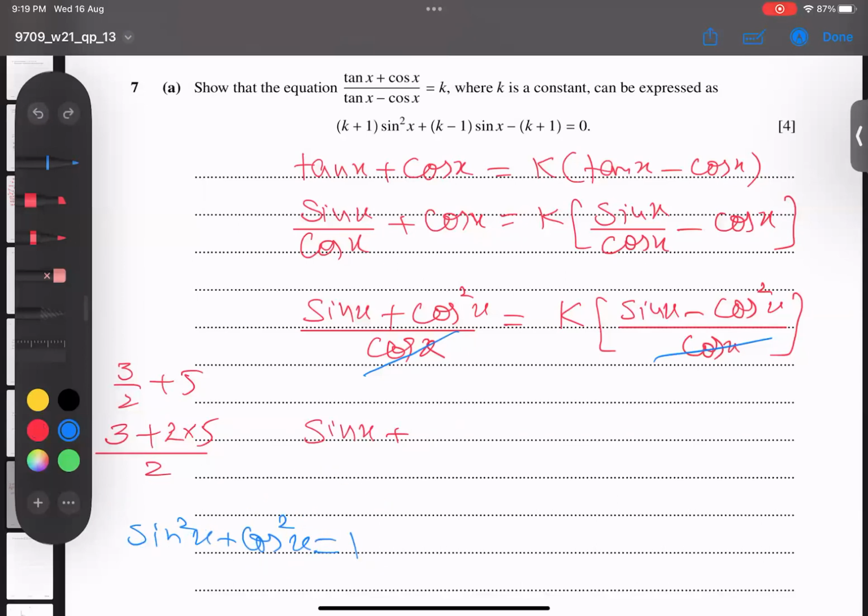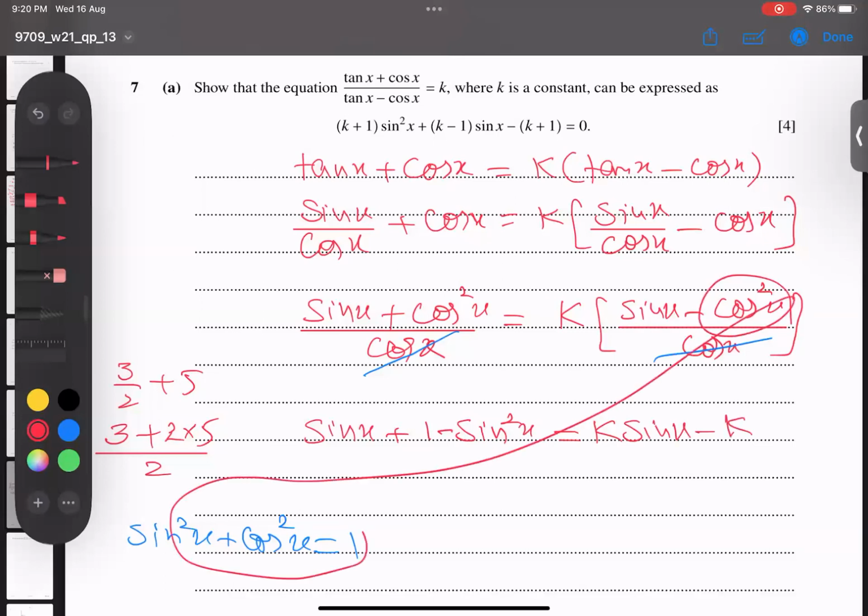So I think this point is clear. I'm replacing here 1 minus sine square in the place of this. Same story on the right hand side, but I will multiply k as well. K times sine is k sine, and k as it is, and the cos square is replaced by, as usual, 1 minus sine square.